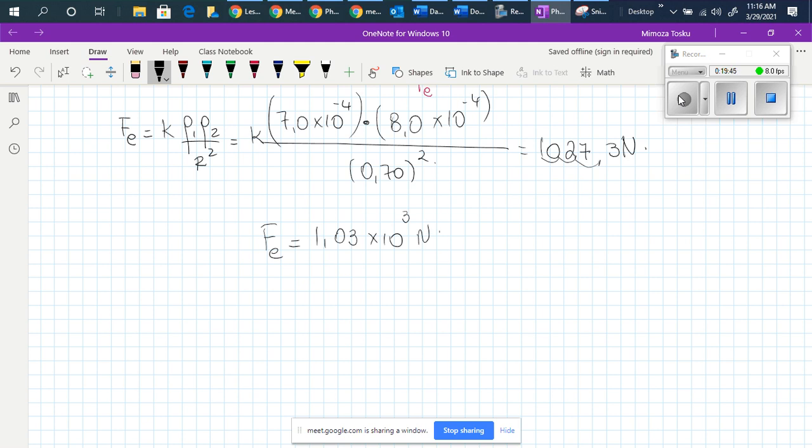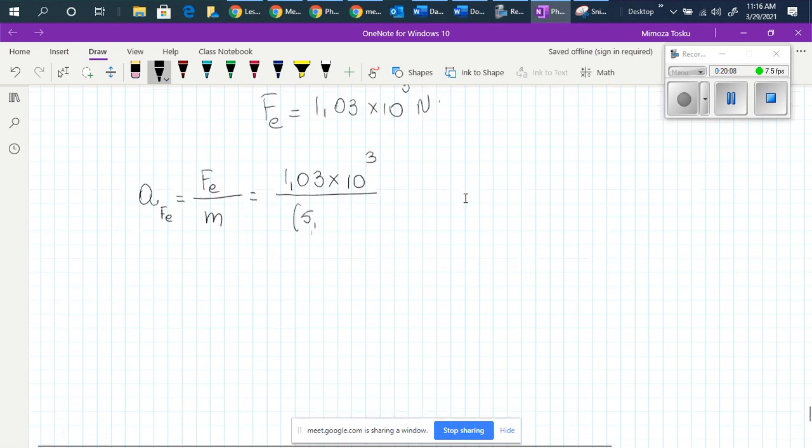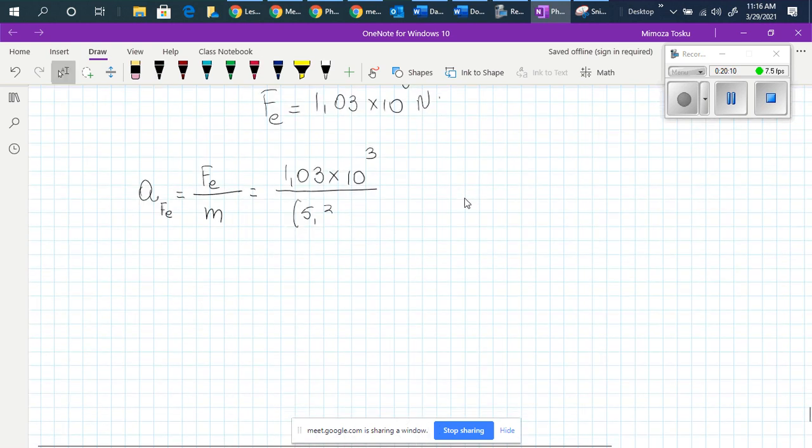Now, based on Newton's second law, the acceleration as a result of the electrostatic force will be the electrostatic force over mass. So it will be 1.03 times 10 to the power of 3 over the mass, which we said is 5.3 times 10 to the power of -3.